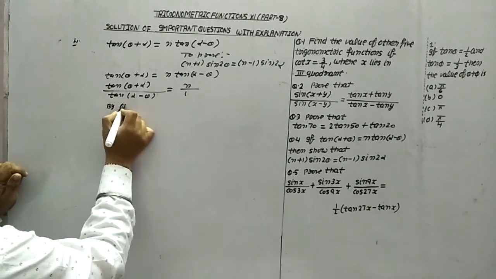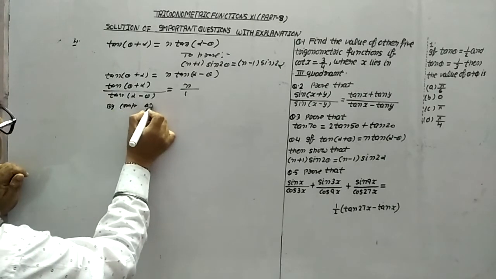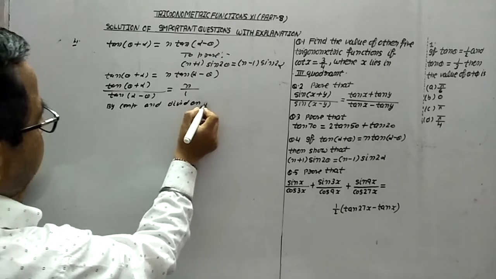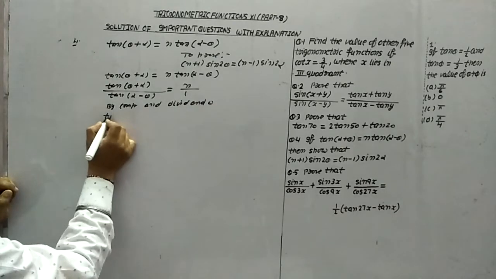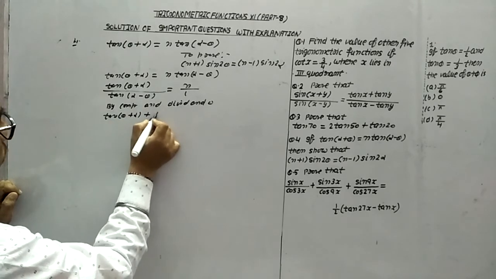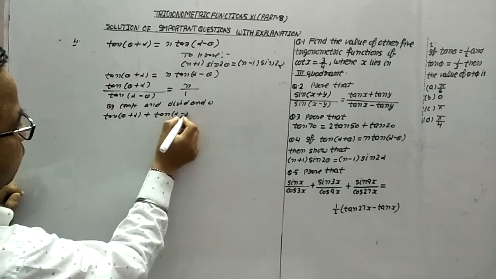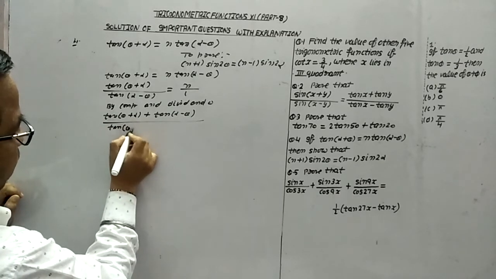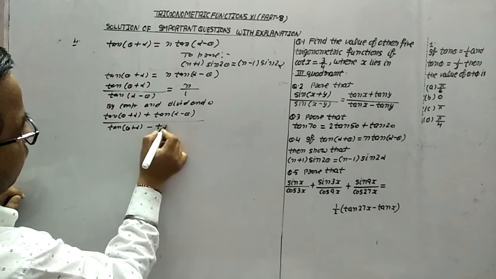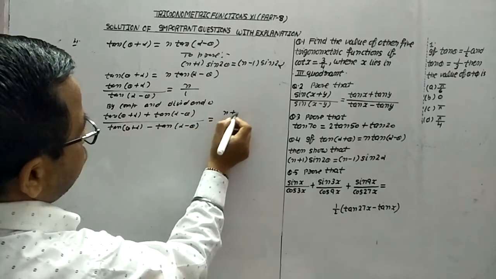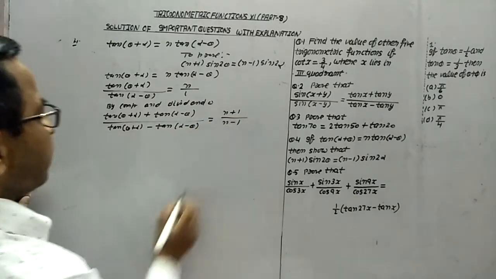So by componendo and dividendo we get [tan(theta plus alpha) plus tan(alpha minus theta)] upon [tan(theta plus alpha) minus tan(alpha minus theta)] is equal to n plus 1 upon n minus 1.